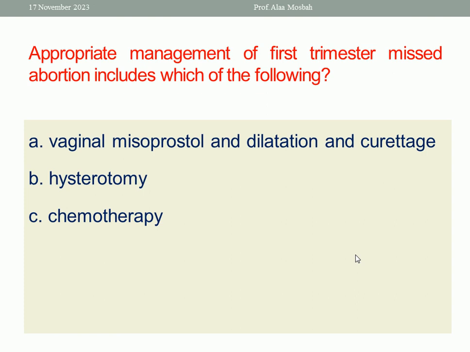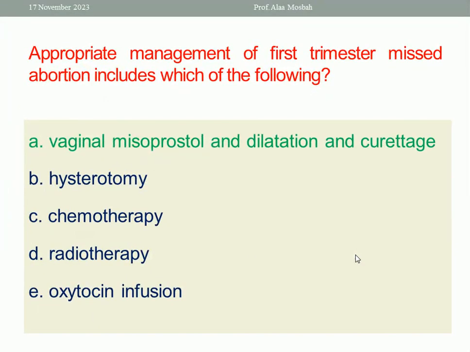C. Chemotherapy. D. Radiotherapy. E. Oxytocin infusion. Please choose the one best response. The one best response here is A. Vaginal misoprostol and dilatation and curettage.